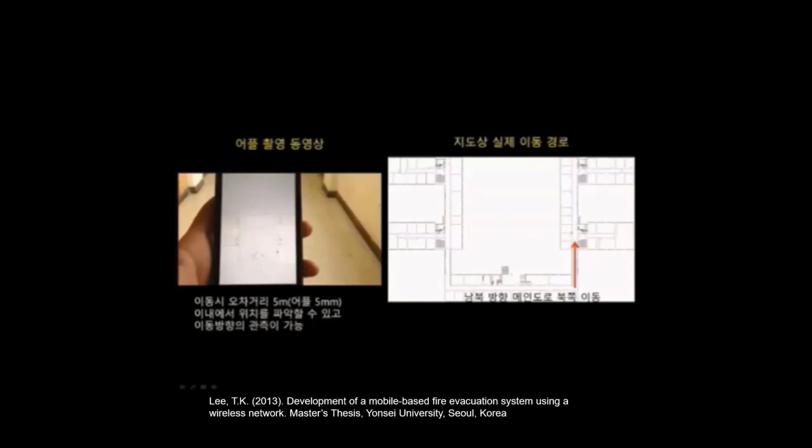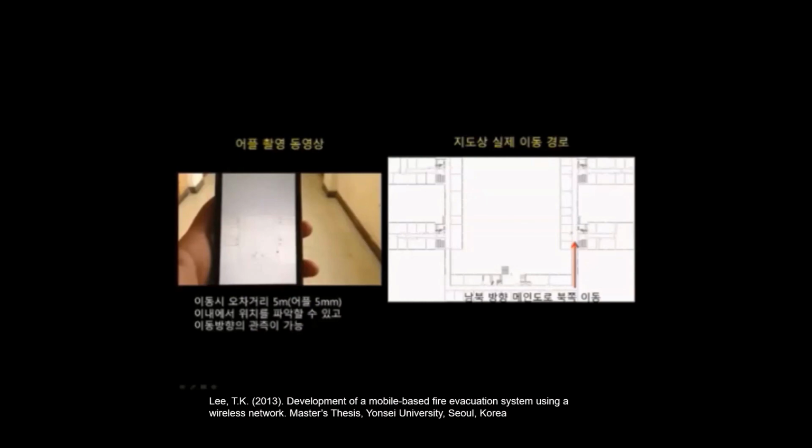But I got feedback like, what if a person in a fire situation did not have the app? Can he download it? Or what if your building has not been scanned into the system?